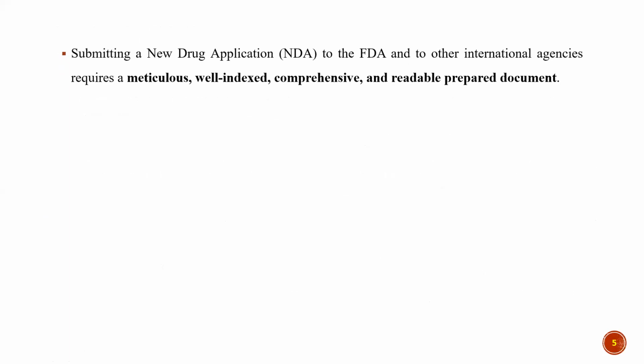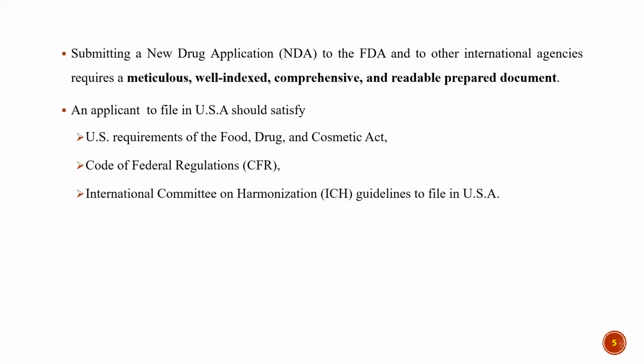Submitting a new drug application to the FDA and to other international agencies requires a meticulous, well-indexed, comprehensive, and readable prepared document. In order to file the NDA in the USA, the applicant should follow the US requirements of the Food, Drug and Cosmetic Act and the Code of Federal Regulations, which are CFRs, and also the ICH guidelines.